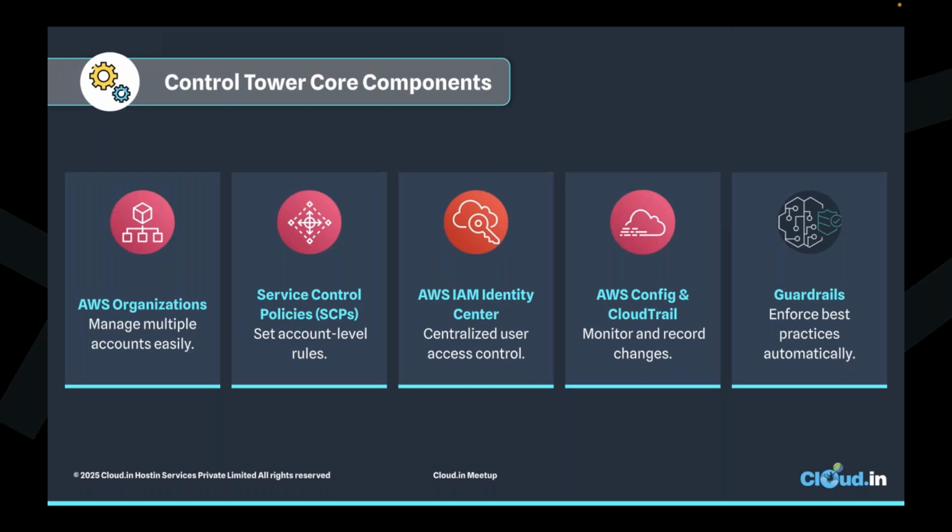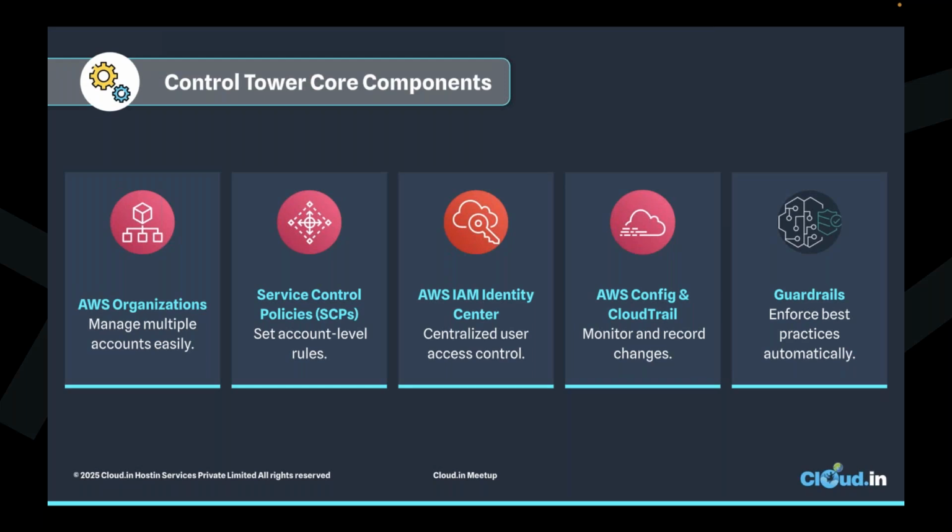So these are some Control Tower core components. First, we'll go with AWS Organizations, which manages multiple AWS accounts easily. AWS Organizations is the backbone of Control Tower. It allows you to group and manage multiple AWS accounts under one umbrella.